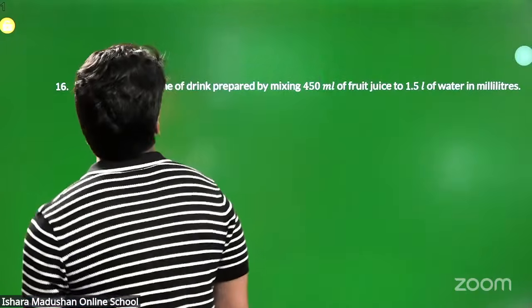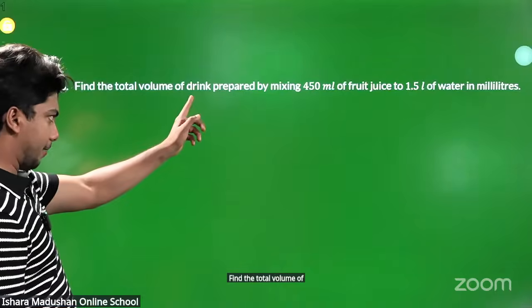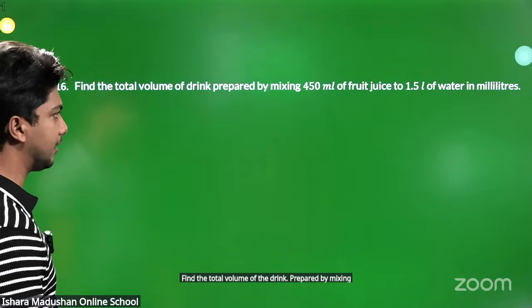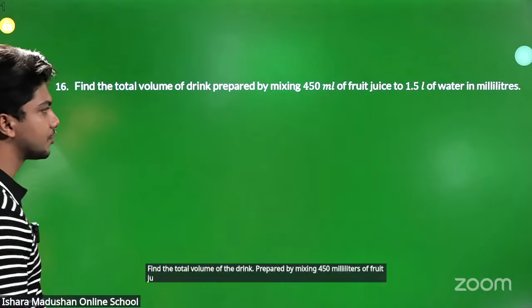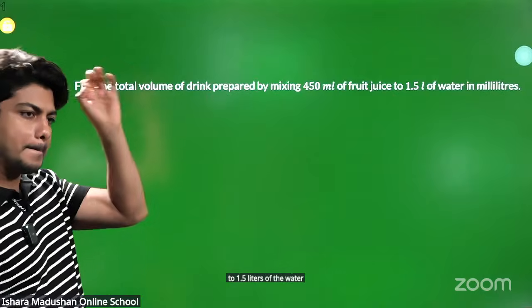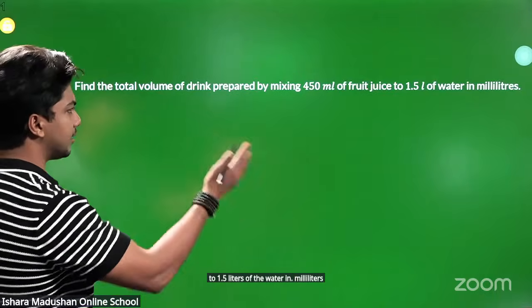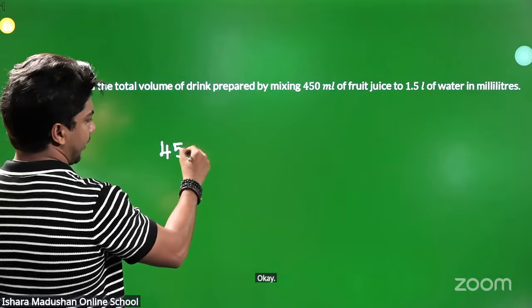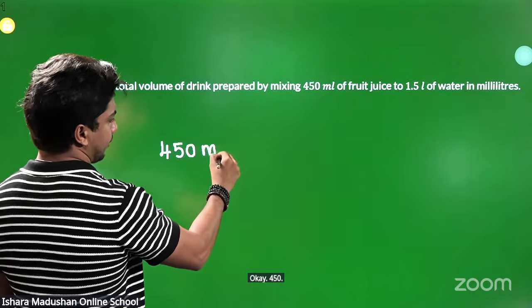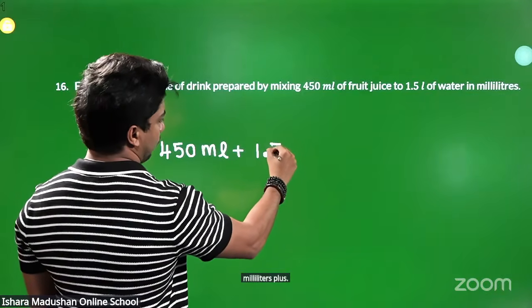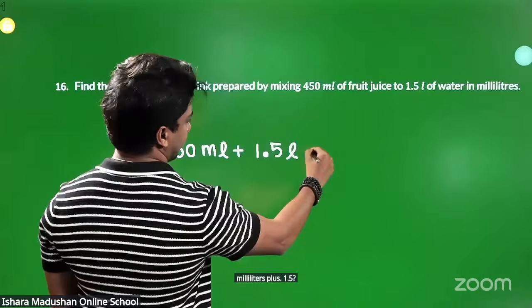Find the total volume of the drink prepared by mixing 450 milliliters of fruit juice to 1.5 liters of water, in milliliters. 450 milliliters plus 1.5 liters.